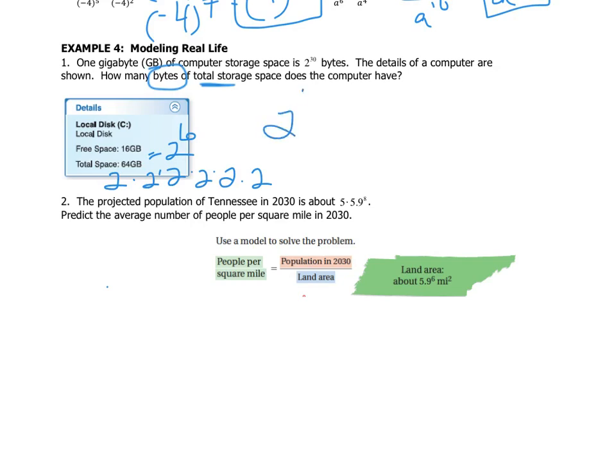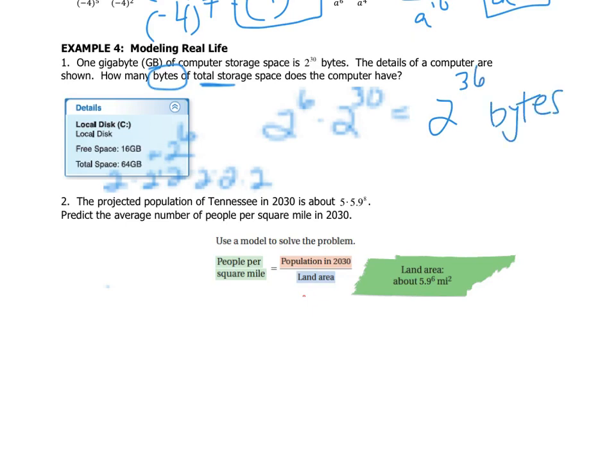I can say I have this many gigabytes, and every one of them has this many bytes. If I multiply those two together, I would know how many bytes I have in total. So again, with our MADSPAM rules, we have the same bases of 2's, which tells me when I'm multiplying same bases, I add the exponents. So it's going to be 2 to the 36 bytes on this computer.